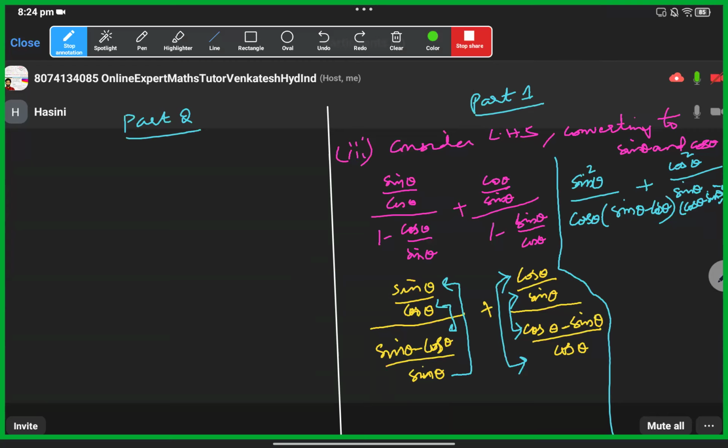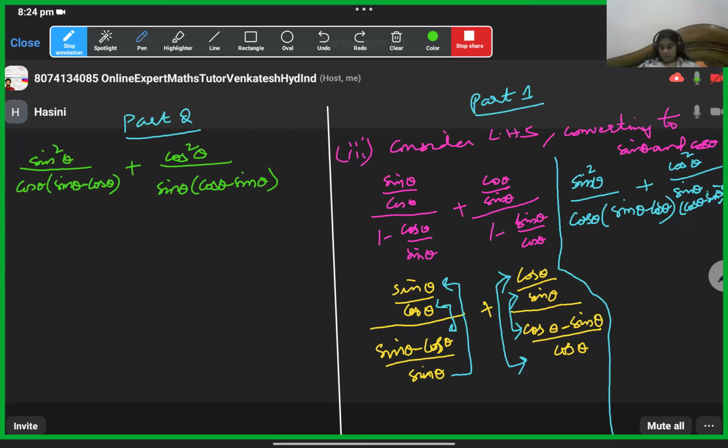So now I'm writing it like this: sin square theta minus sin square theta by cos theta into sin theta minus cos theta, plus cos square theta by sin theta into cos theta minus sin theta. That step only I rewrote it.